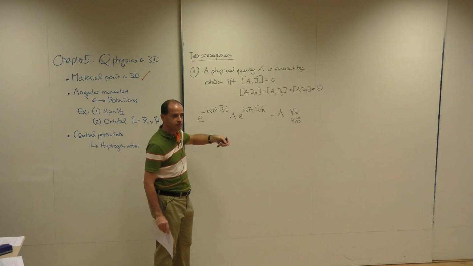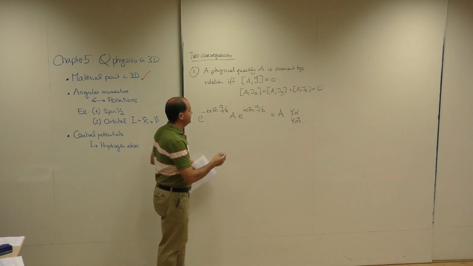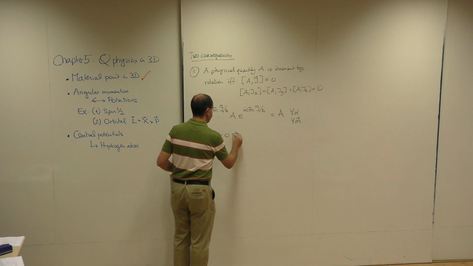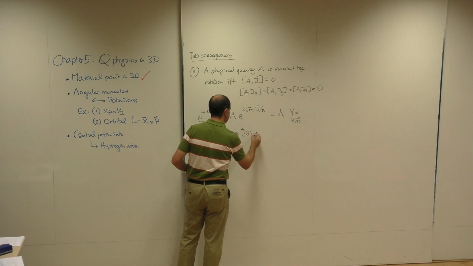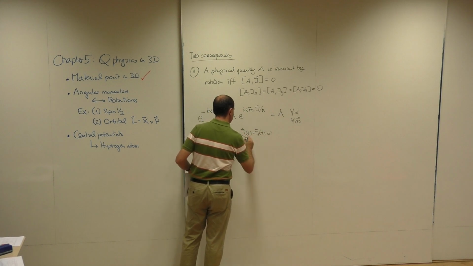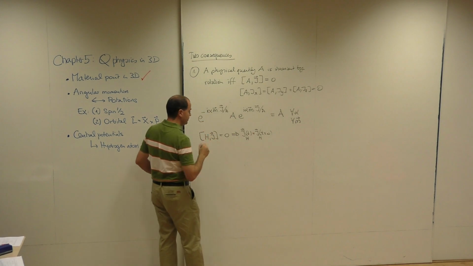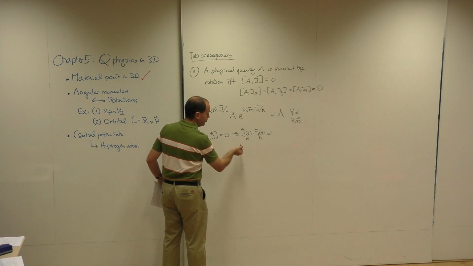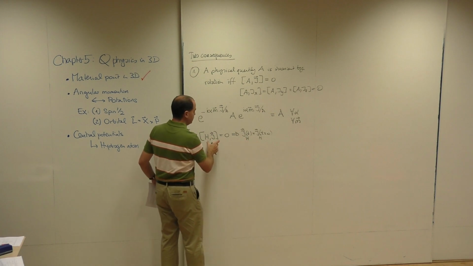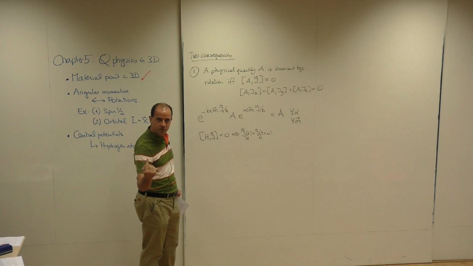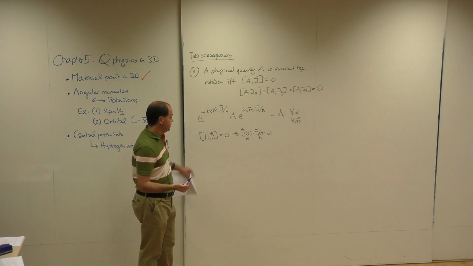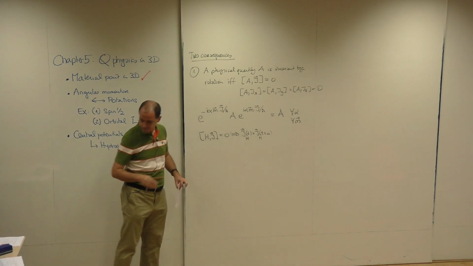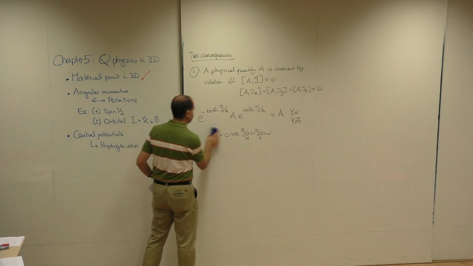The angular momentum does not change with time. So H J equals 0 would imply that J at time t is equal to J at time 0 in the Heisenberg representation, and we know that for the angular momentum this is the case if the Hamiltonian is invariant by rotation, right? So this is if and only if. As an example, we are going to use this theorem at some point.